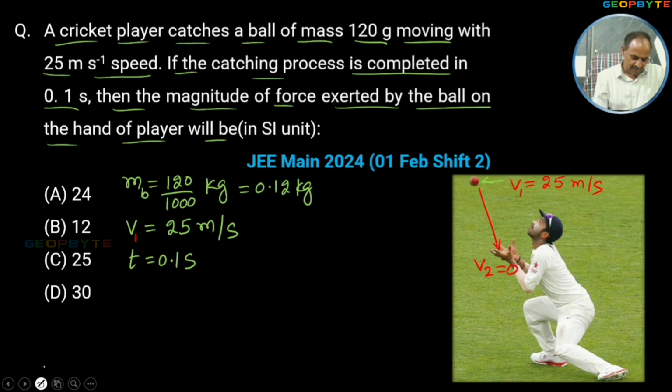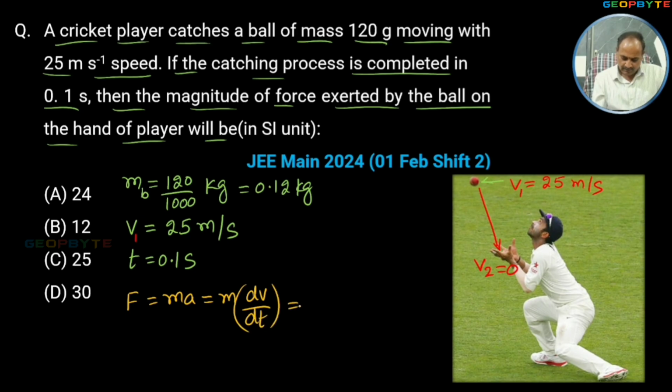Then what is the force acting on the hands of the player? Force F equal to ma, equal to m into dv by dt, equal to m into v1 minus v2 divided by time. Here the force is transmitting from ball to hand.